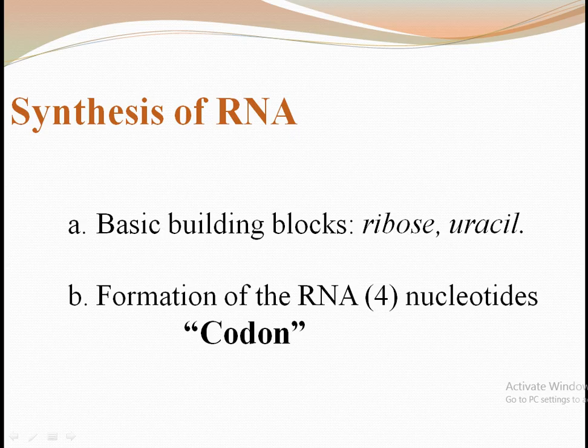And secondly, thymine is replaced by another pyrimidine called uracil. Four separate nucleotides are used in the formation of RNA, which are actually the bases adenine, guanine, cytosine and uracil.